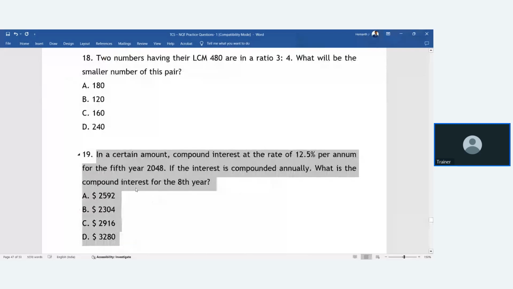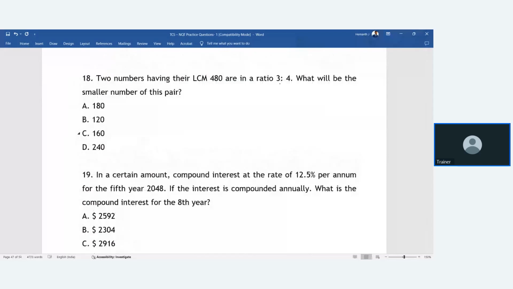Right, so two numbers have their LCM as 480. Now see, the numbers are in the ratio 3:4, which means 3x and 4x. HCF is x here. So LCM is 12x. The LCM of 3x and 4x: as x is common, it's x times the LCM of 3 and 4.